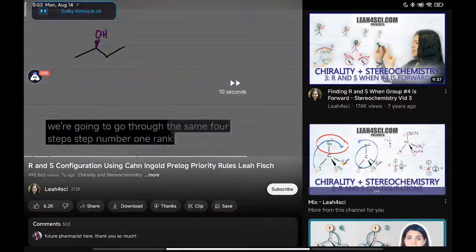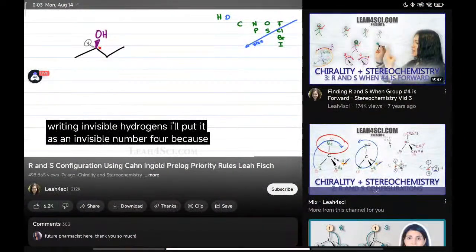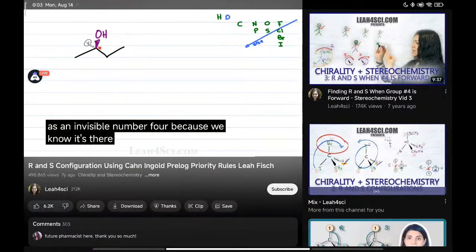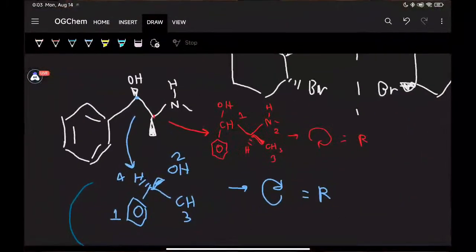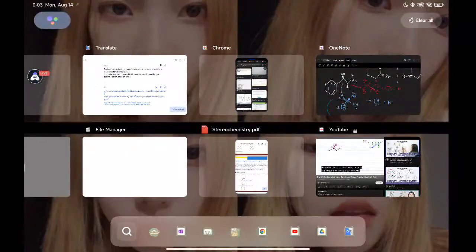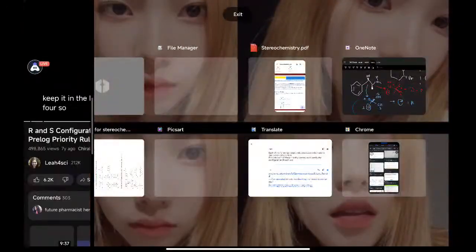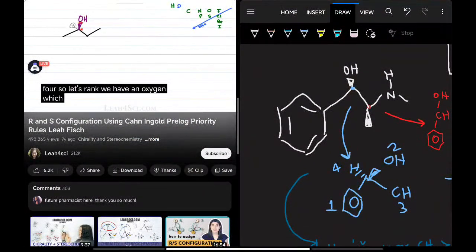Put it as an invisible number 4 because we know it's there. It's the lowest priority. We're going to cross it out anyway. Just keep it in the background as a number 4. So let's rank. We have an oxygen, which we're comparing to carbon and carbon. Oxygen outranks carbon, making the alcohol priority 1.